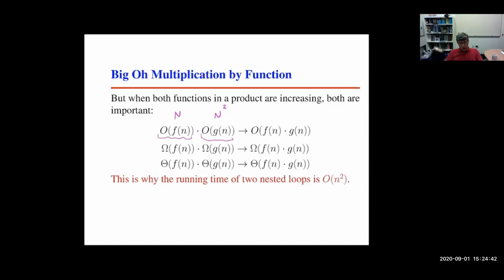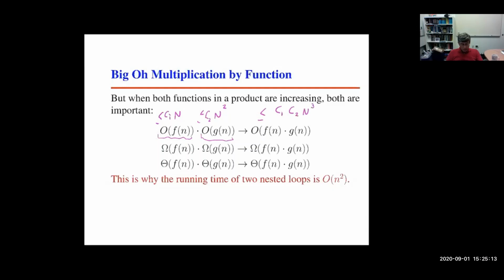We know that the first function is less than or equal to some constant c1 times n. We know that this other function is less than or equal to some constant c2 times n squared. What do we know about the product of them? The product of f and g is going to be less than or equal to c1 times c2 times n cubed, right?